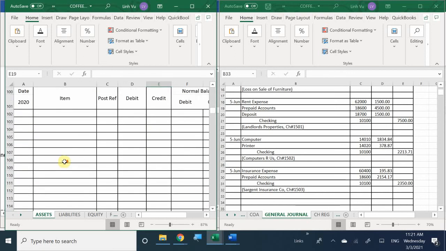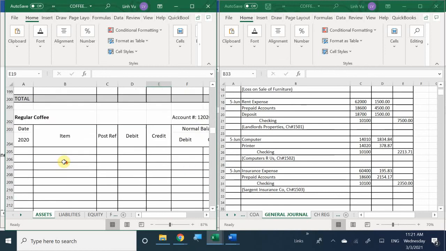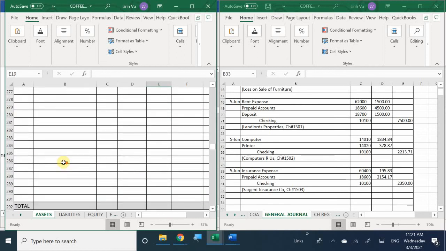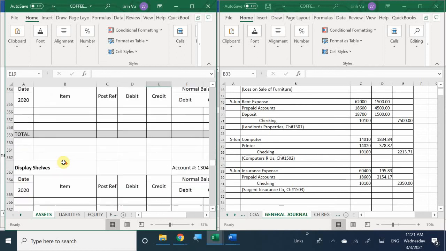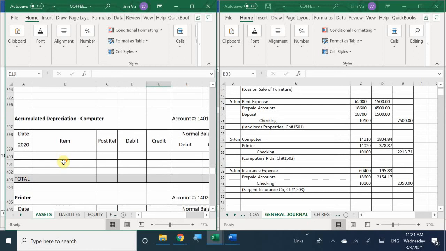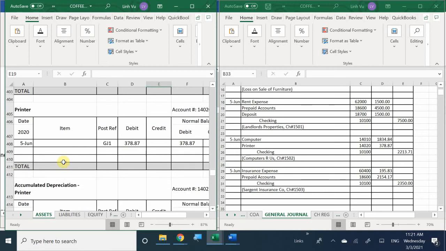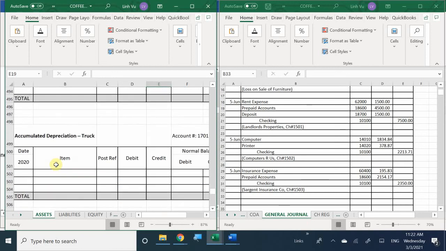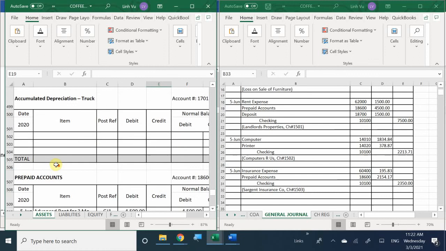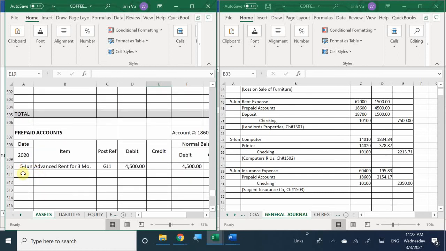So in this case, I'm going to scroll all the way down until I find my prepaid account. This should be towards the bottom, right? 18,600 should be towards the bottom. Okay, all right, I located my prepaid accounts.